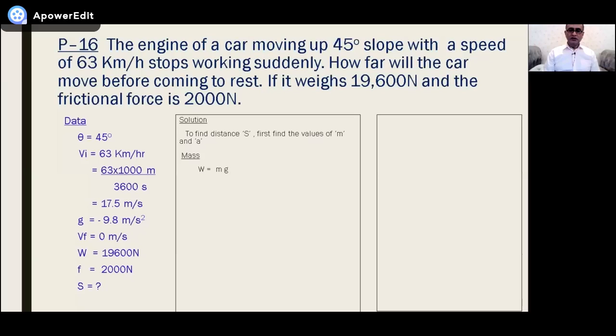The value of weight here is 19,600 Newton. So we'll change this formula for mass to M is equal to W upon G. Substituting the values, the value of W is 19,600 Newton and the value of G is 9.8, and the mass of the body comes out to be 2,000 kilogram. So the mass of the car is 2,000 kilogram.